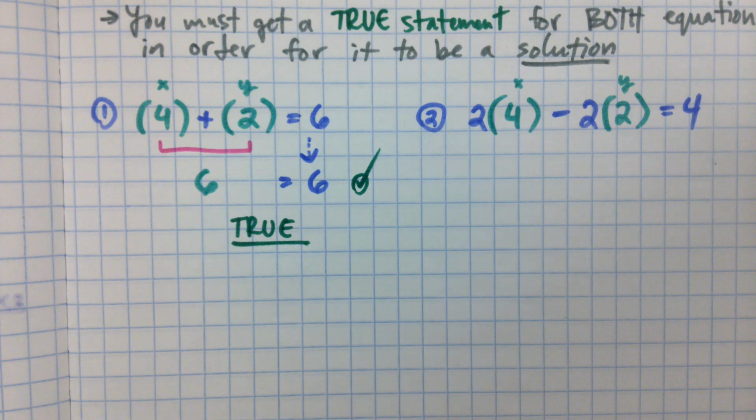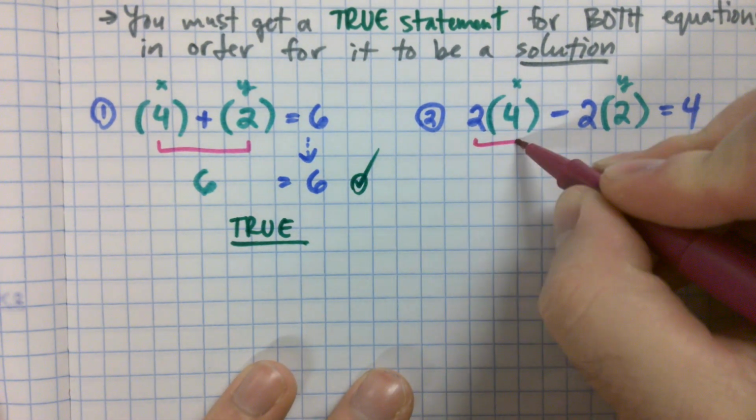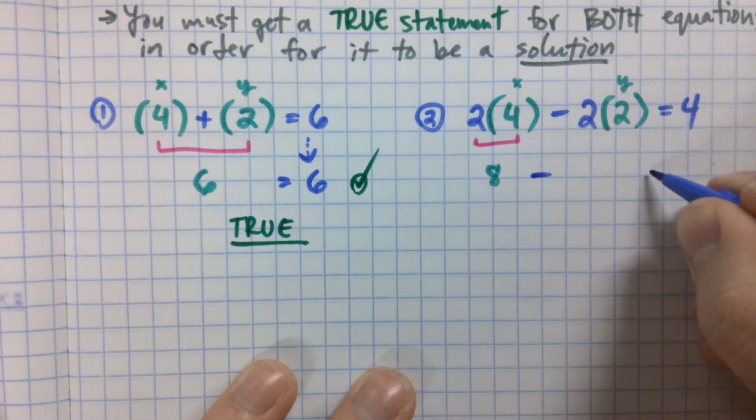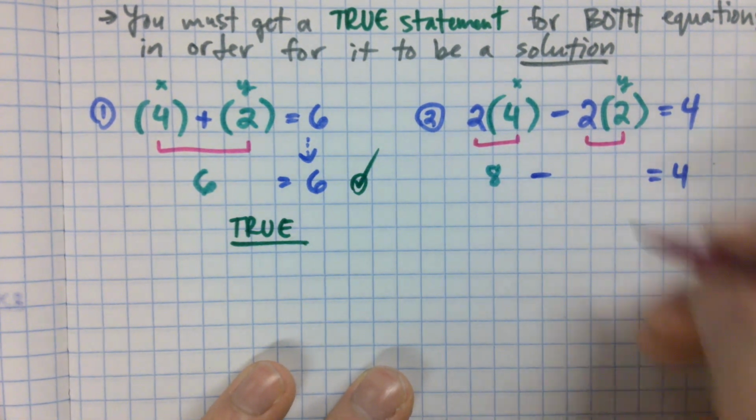There's definitely some multiplying we've got to get out of the way first before we subtract. So what would 2 times 4 give me on the left? 8. Bring down the minus. What would 2 times 2 give me on the right? 4.